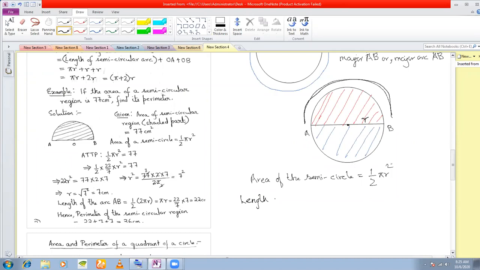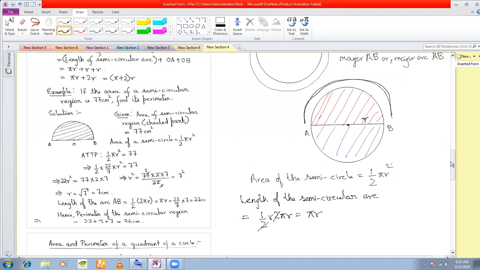Half the circumference. Half of the length of the entire boundary of the circle. That is half of the circumference of the circle. Circumference is 2 pi r. So this 2 will cancel, and ultimately you get pi r only. Pi r.